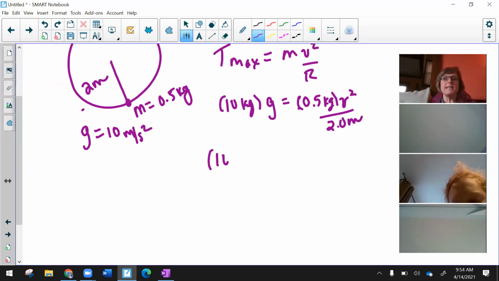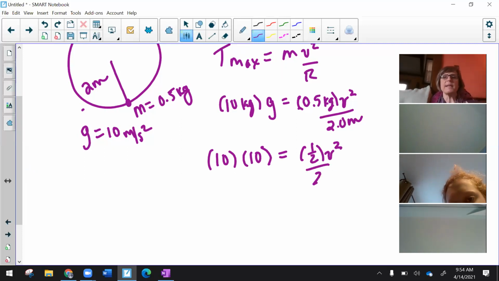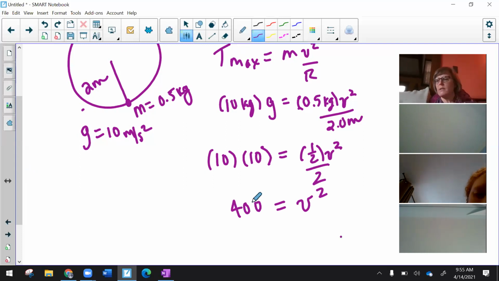So this is going to give me my 10 kilograms, my 10 meters per second squared, equal to a half times v squared divided by 2. So if I do the math right here, that should give me v squared is equal to 400, or v is equal to 20.